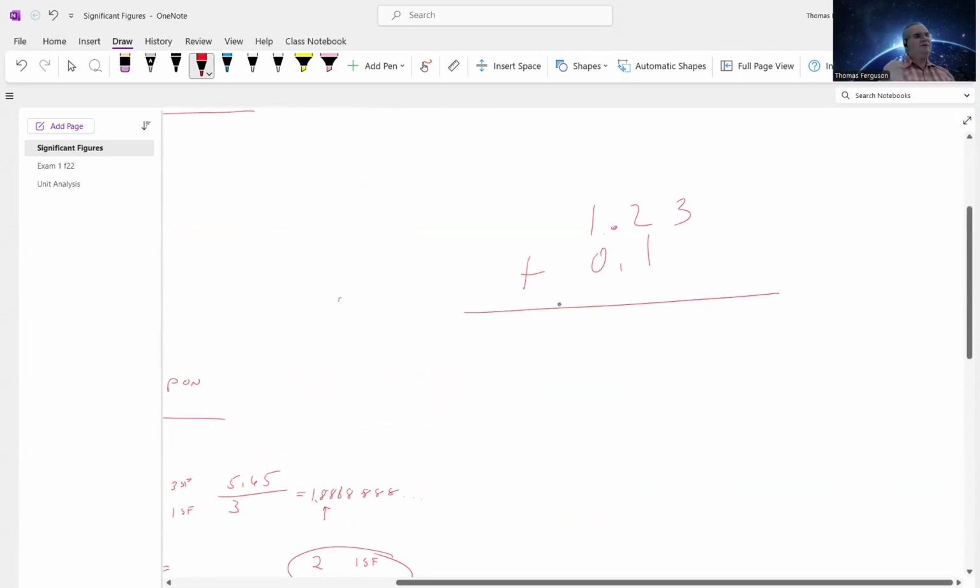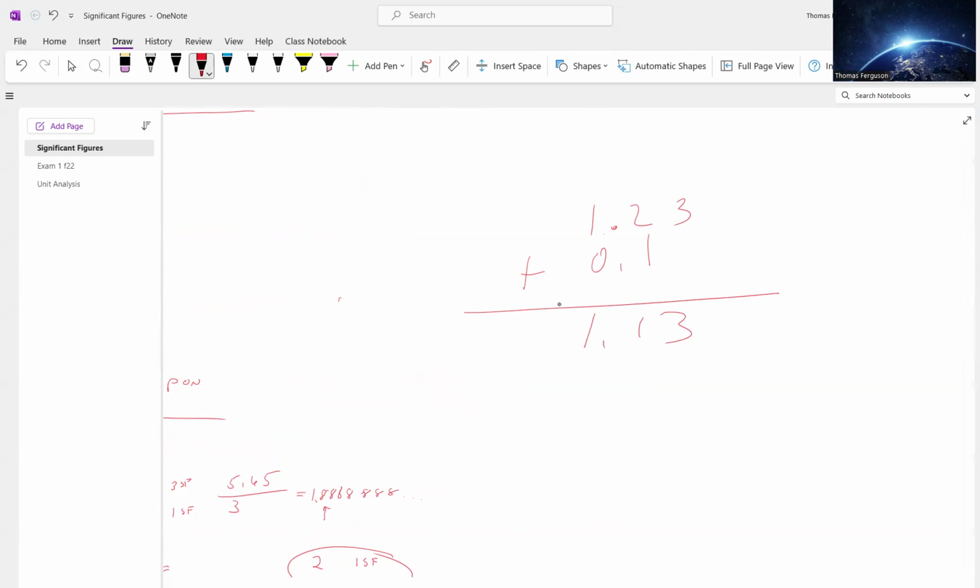Okay, if you plug that into your calculator, you're going to get 1.13. Okay, let's look at decimal places. The top one is 2 decimal places, the bottom one is 1. Hence your answer needs to be 1 decimal place.